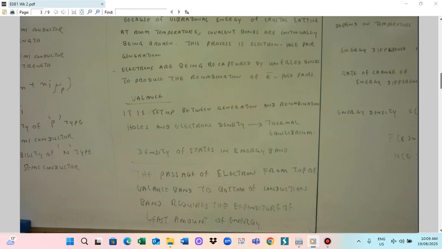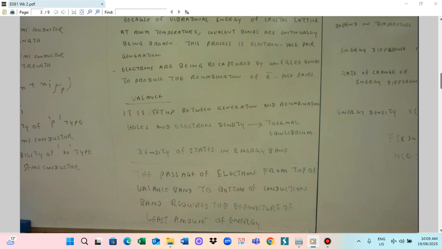This means that the electrons are in the valence band, and in a semiconductor, when you give a little energy, they will go to the conduction band. The electrons must be located at the top of the valence band, so that when you give a little energy, they go to the bottom of the conduction band.